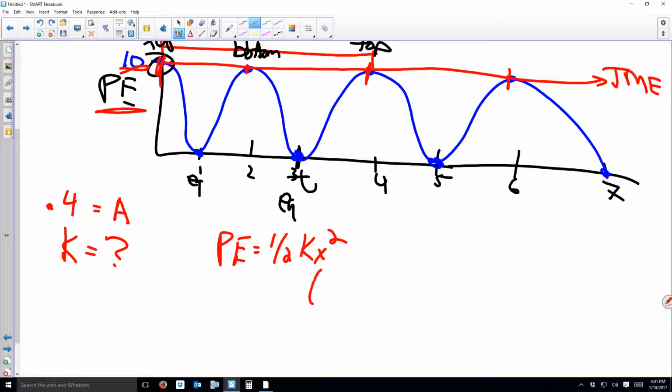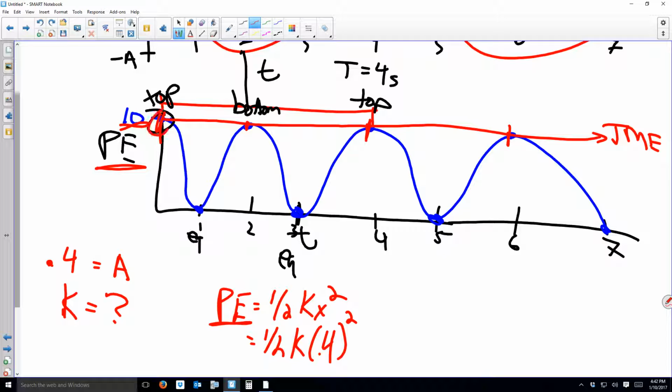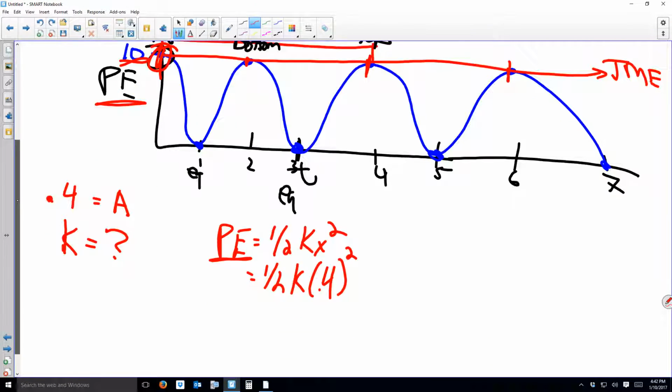If I'm going to use that, though, I have to have a potential energy that matches up with when I'm at the amplitude. So go back to the graph. Oh, look, I've got a nicely marked piece that says I'm at the top. That would be my amplitude. And I get a potential energy just by reading that graph, picking the piece off of that, getting my y value of 10.